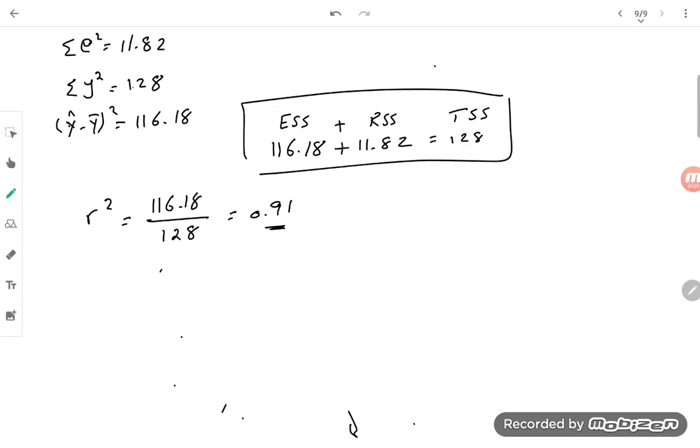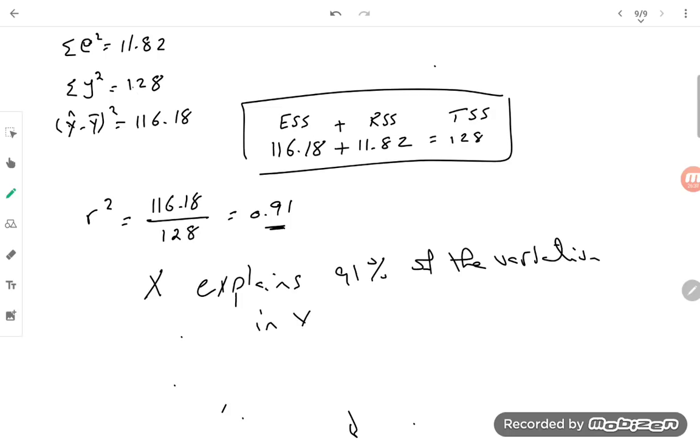So this means that x explains 91% of the variation in y. This is with respect to r squared.